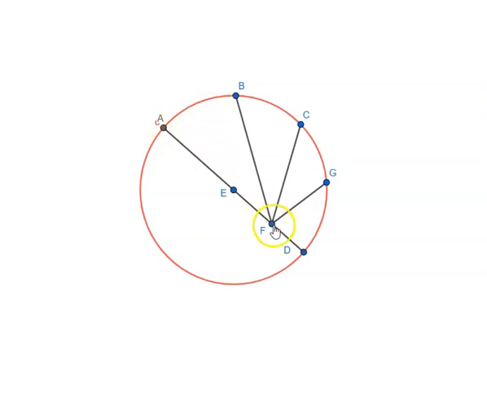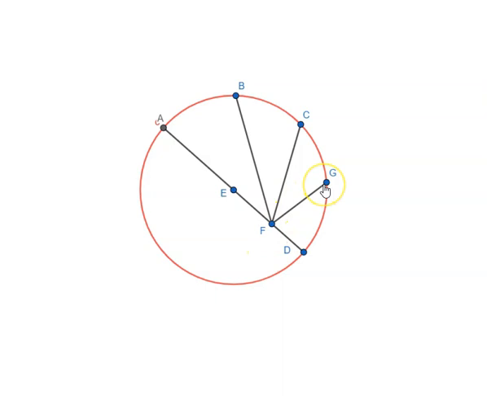distance from F to any point on the circle depends on the particular location of that point. The farther away it is, the longer the distance.